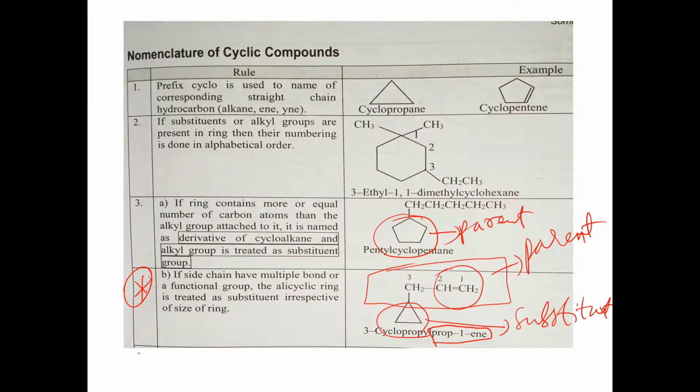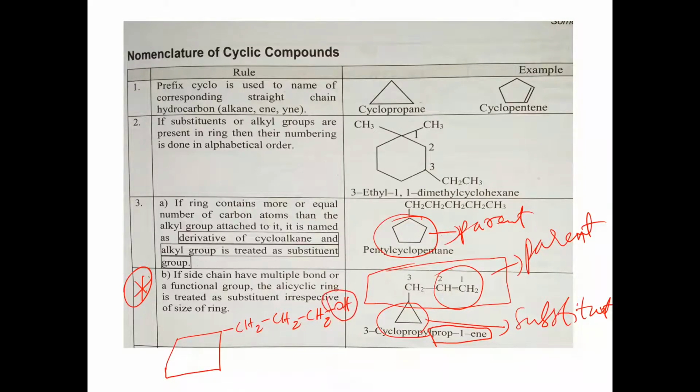Suppose I give one more example. Take this compound. Here, what is attached is CH2, CH2, CH2OH. In the side chain there are only 3 carbons, with a functional group attached.